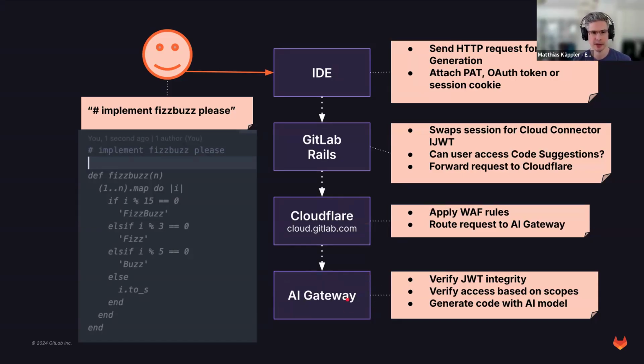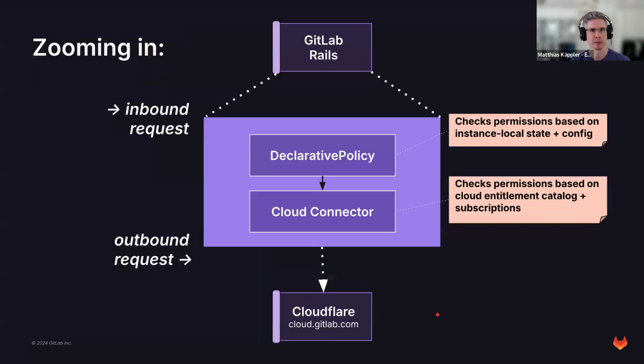So there will be code that says, oh, if you're trying to access the generate code endpoint, there needs to be a matching scope basically in the token. And then finally, we can go to the actual AI model and stream the response back to the caller.